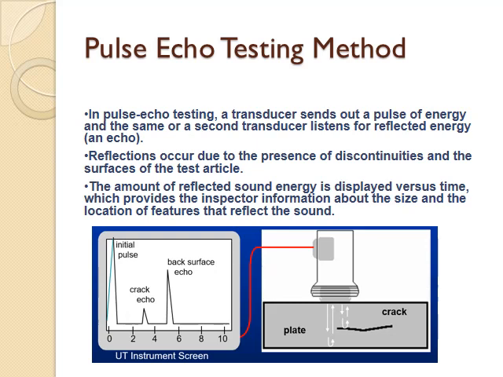An amplifier is connected in between the transducer receiver and the CRO in order to amplify the received signals. In the CRO, the timing section helps to note the time interval between the transmitted and received signals. Let's see the working.